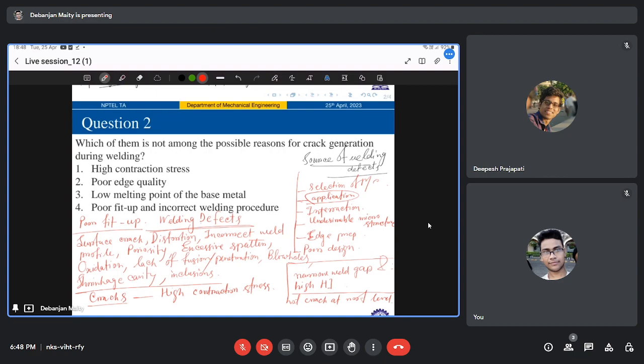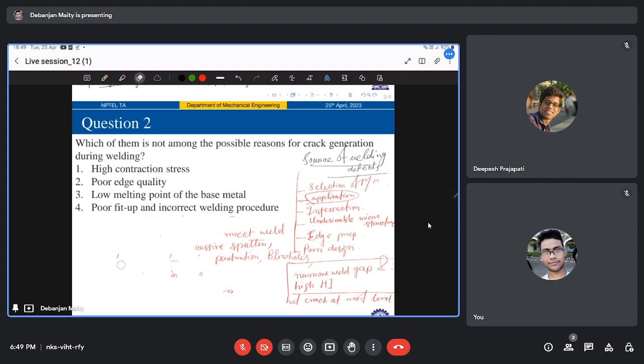Also, if your material has a high coefficient of thermal expansion, in that case, like austenitic stainless steel, crater cracks are very much likely to happen, right?